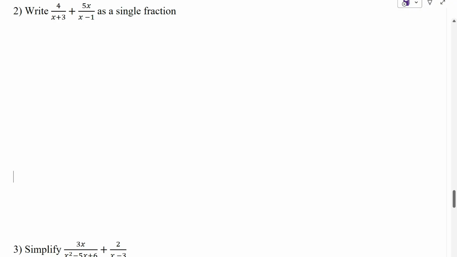Let's make some space. Here we're just adding these two fractions together, so cross multiply as normal.